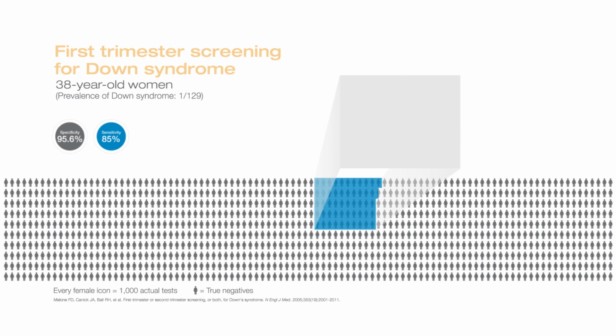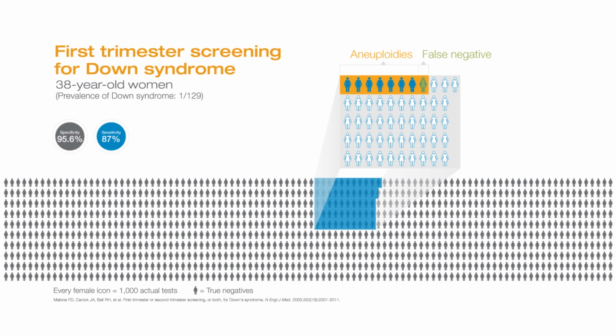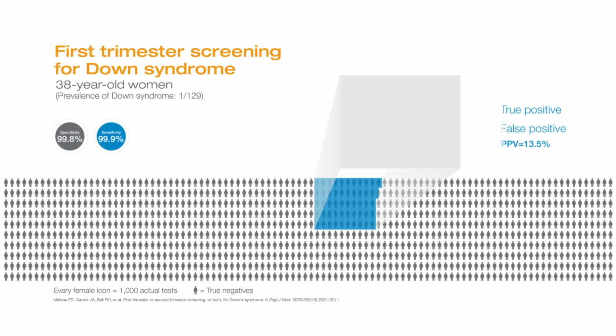If we took the same population of 38-year-olds and used first trimester screening, our positive predictive value would increase a bit to 13.5%. Our negative predictive value remains about the same at 99.9%.